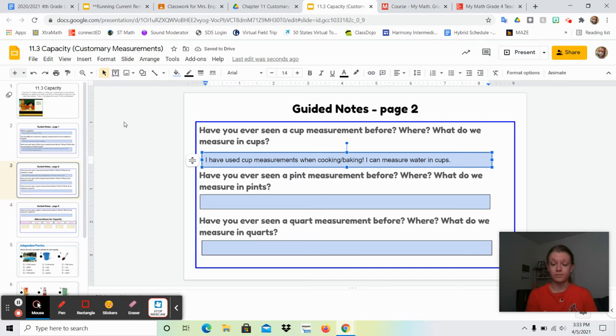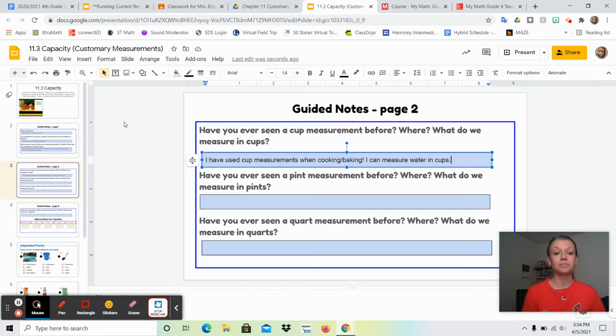So a cup of water, you guys have heard that, right? It's not just because it's in a cup. It's a lot of times because that phrase started because a cup that you drank out of was the same amount of liquid that could fit in a measuring cup. So it's based on the measurement, not just the fact that we call those cups, but they're called cups because of how much liquid they can hold.